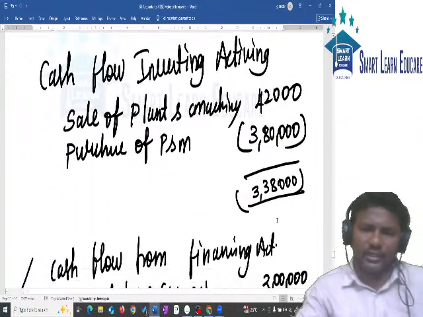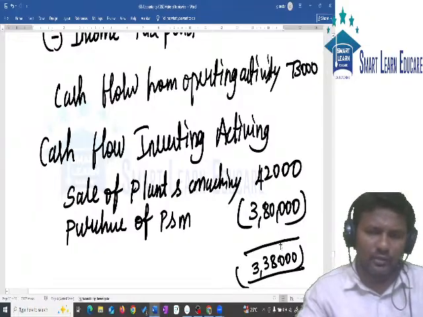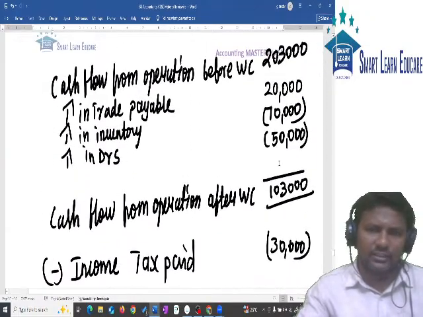So exam question la கேட்டது இந்த ரெண்டு விஷயம் தான்: 338 it is outflow and 1 lakh and 3,000.